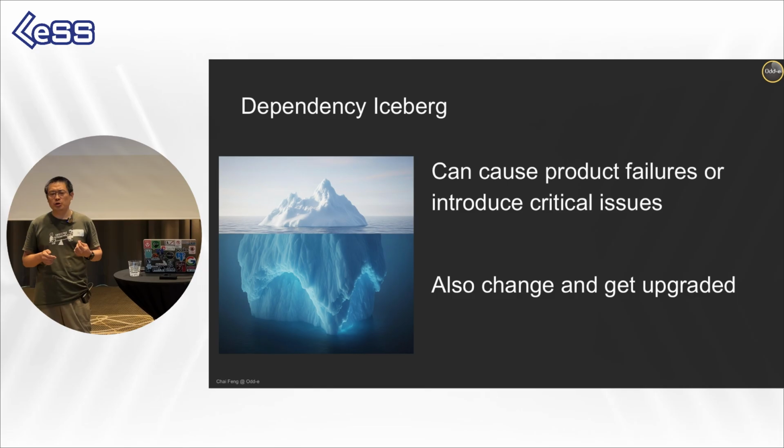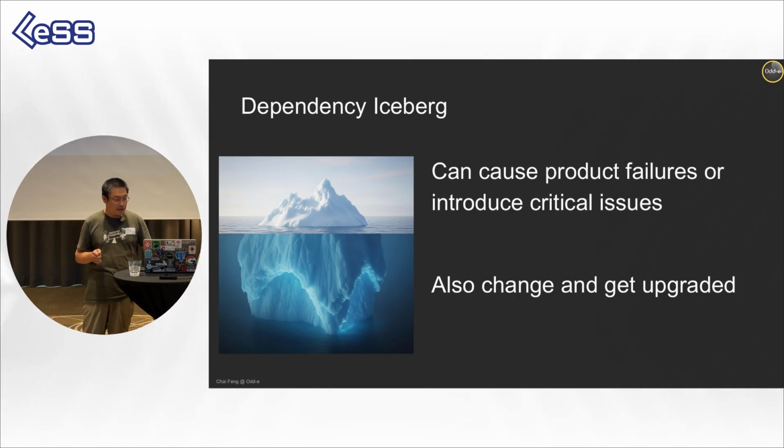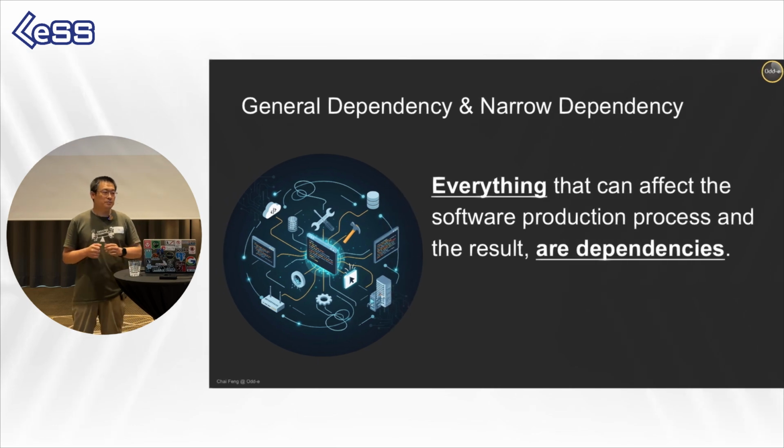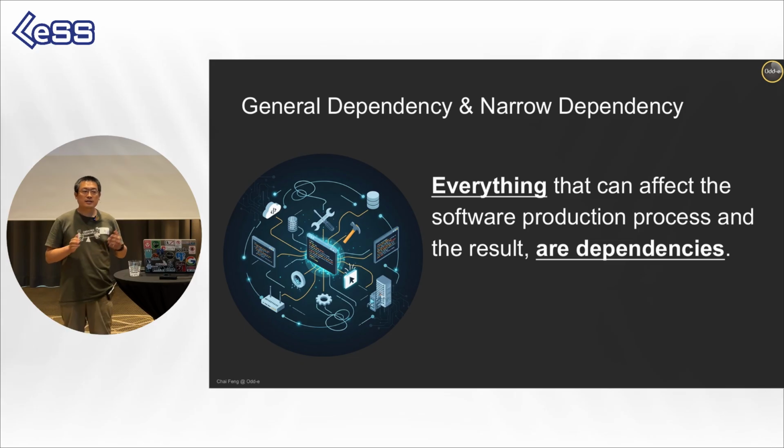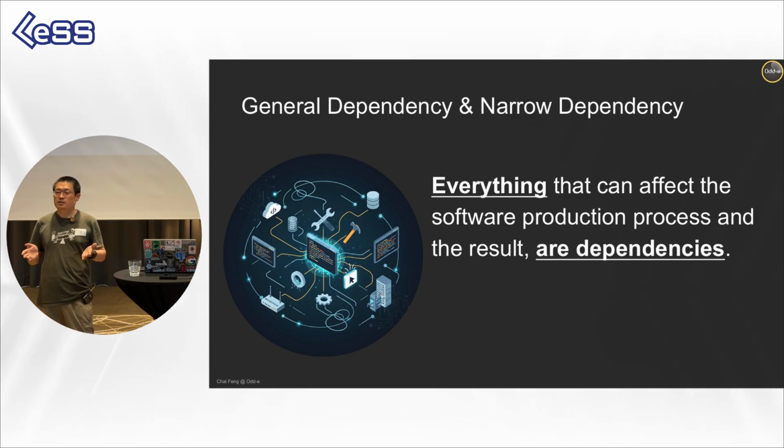So why can't we also call them dependencies? Everything that affects the software production process and its final result is a dependency. We can call them general dependency. And the traditional dependency we usually think about, we can call narrow dependency.